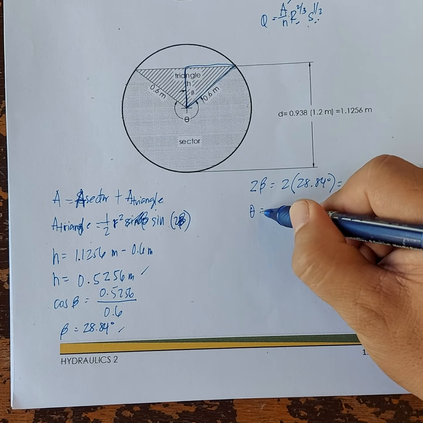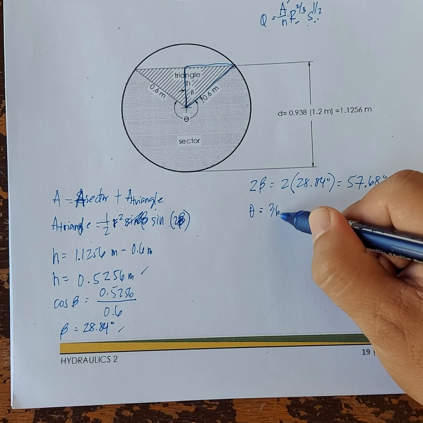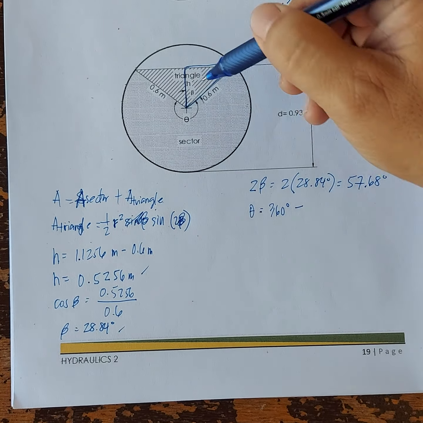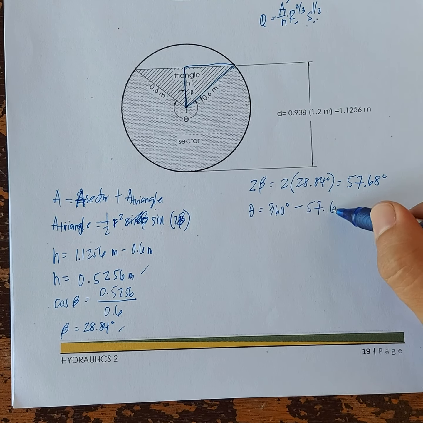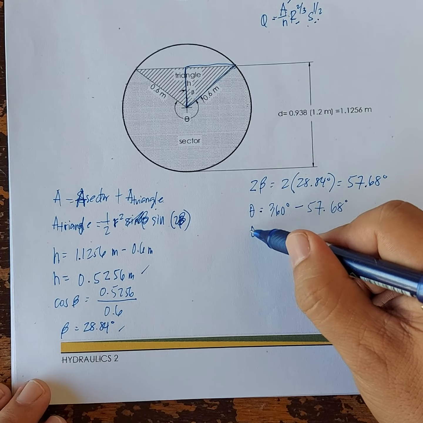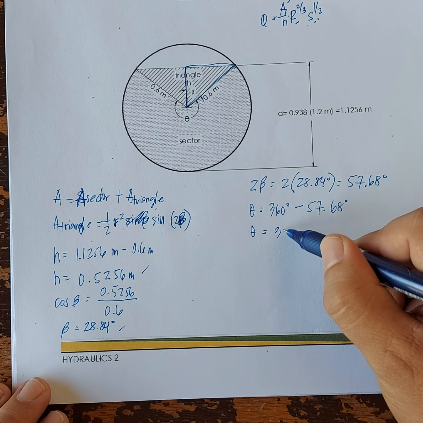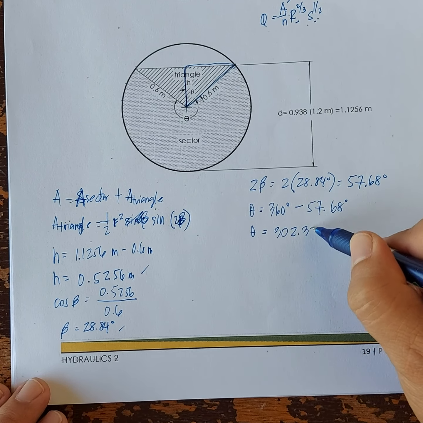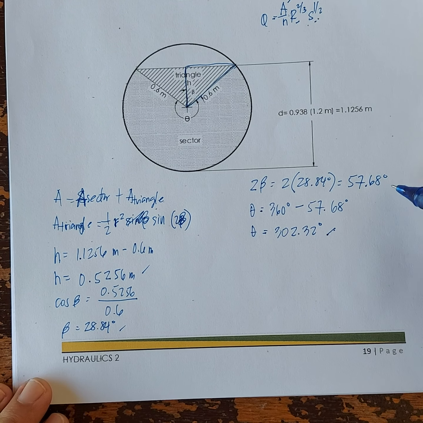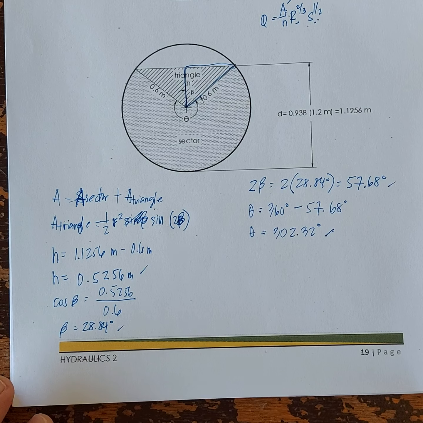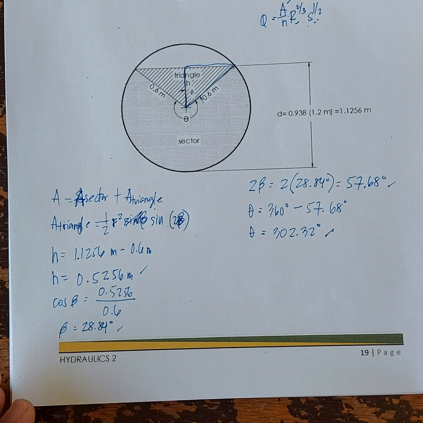So angle theta is equal to 360 degrees minus yung buong angle na to, that is 57.68 degrees. So angle theta is 302.32 degrees. So we already know angle theta and twice of beta. Then we can now solve for the areas of the sector and the triangle.